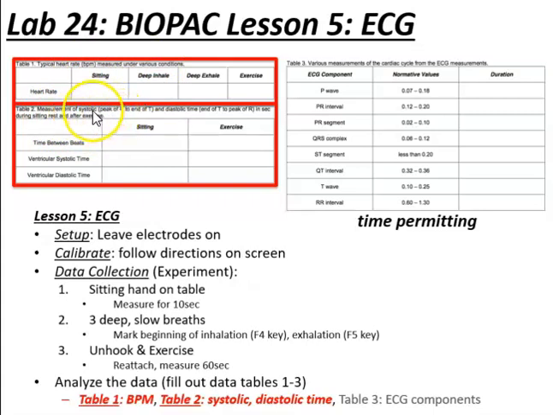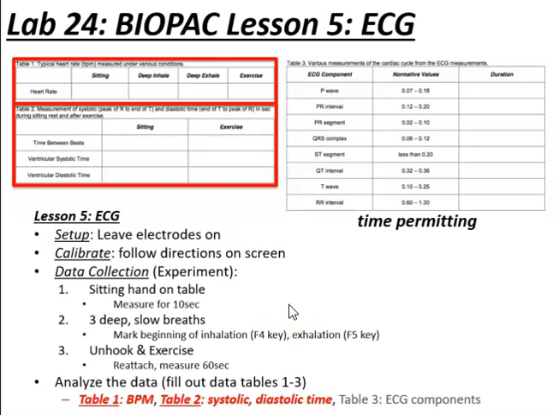That's the systolic pressure, measuring the peak of R and of T, as well as diastolic time, which is the T to the peak of R in seconds during sitting, at rest, and after exercise. So this next part, we want to take a look at systolic time and compare it to diastolic time.